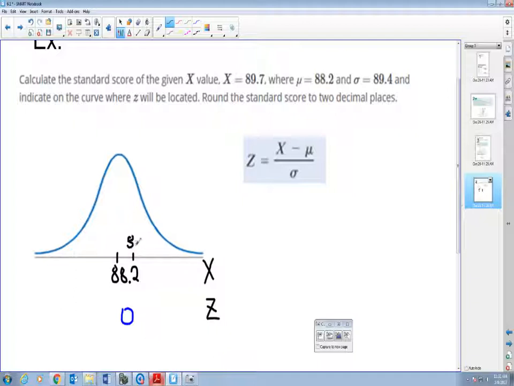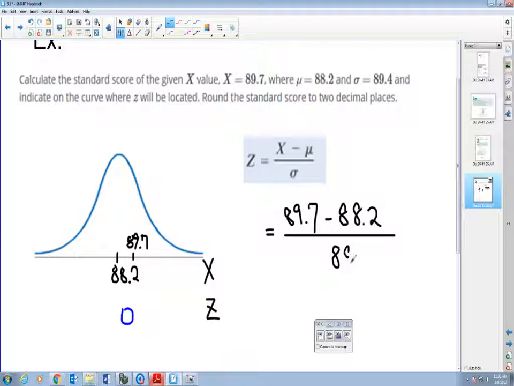The random variable x 89.7 is going to be slightly to the right of our mean. So if I convert it, take my 89.7 minus the mean 88.2 and divided by the standard deviation 89.4.